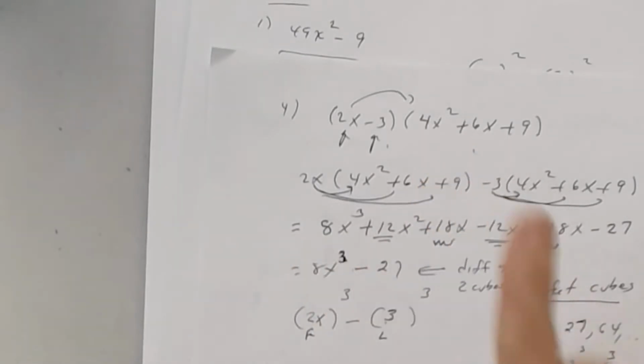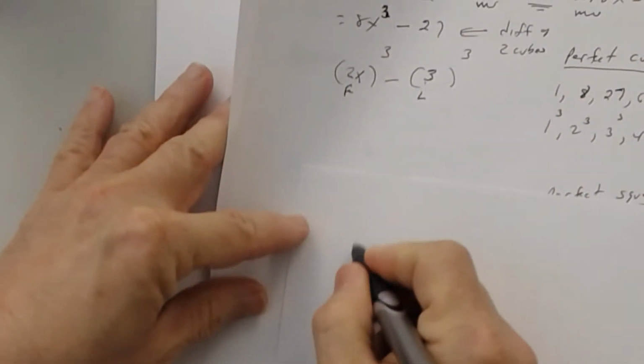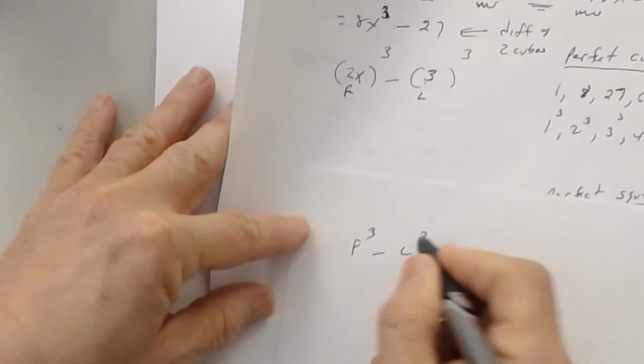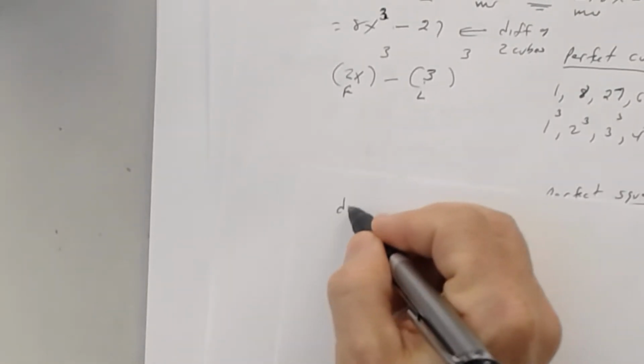All right, now here's the relationship. Okay, listen carefully. So if I'm factoring the difference of 2 cubes, I'm going to write this as F cubed minus L cubed.